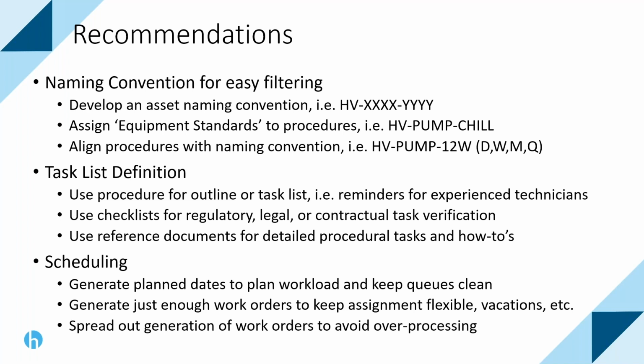That's not as big a deal as it used to be, but I'm still surprised by how many customers I run into that have literally 900 or 1,000 open tickets in their queue because they've generated too far in advance. So think about these three things: naming conventions, task list definition, and scheduling, in order to keep your system as simple as possible. Okay, I've done enough talking at this point.